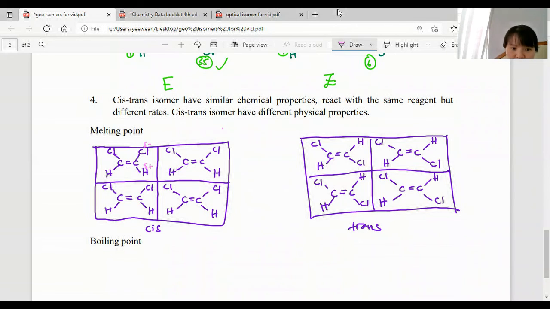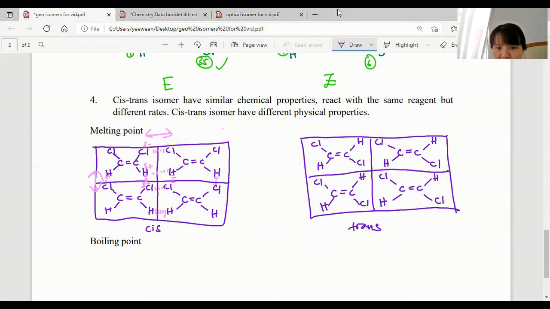So in this way, they've got permanent dipoles, but this way they've only got London forces. London forces, permanent dipole, permanent dipole, permanent dipole, London forces. Okay, we know that London forces are weaker, permanent dipoles are stronger. So going this way, I can see permanent dipoles, but going this way, I just see London forces.